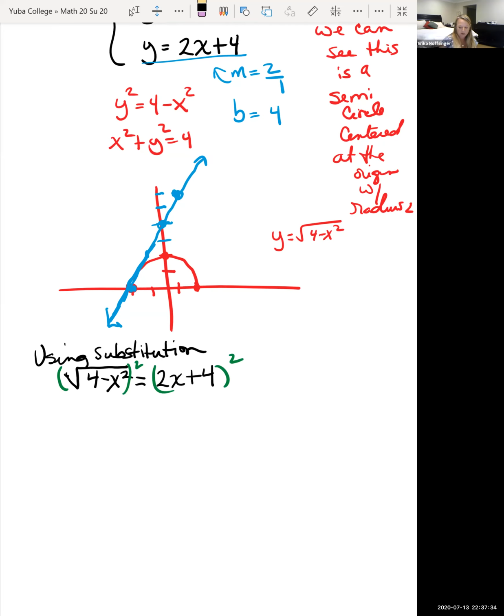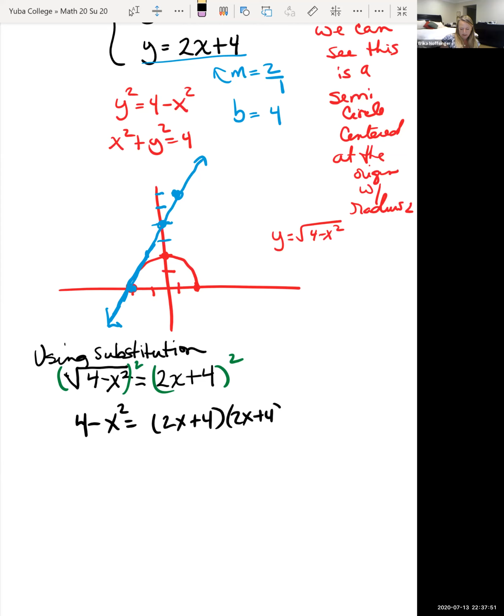So squaring the square root leaves me with the radicand, which is 4 minus x squared, equal to, so I need to distribute 2x plus 4 times 2x plus 4.